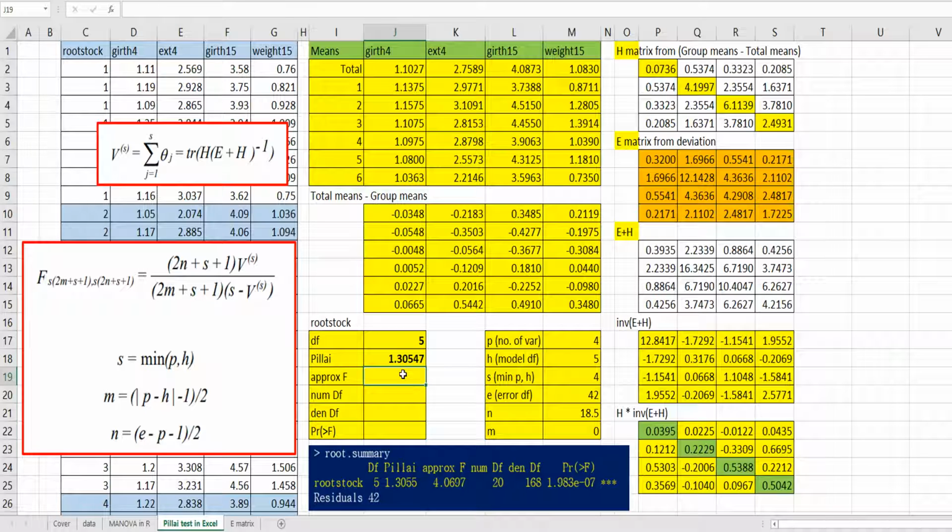And the approximate F value, so we can use this one: (2 times n plus s plus 1) times v, over (2 times m plus s plus 1) times (s minus v).